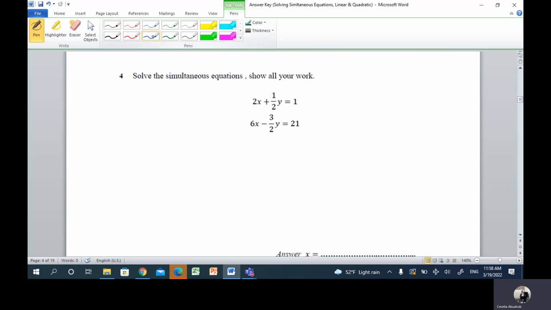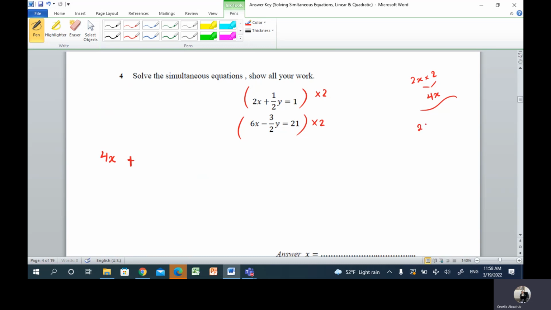So here we're gonna get rid again of the denominator by multiplying the first equation by 2 and the second equation by 2 as well. But remember here, you need to multiply each term. So you're going to end up with 2x times 2, the answer is 4x, right?